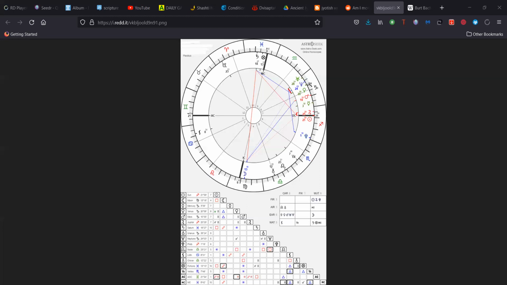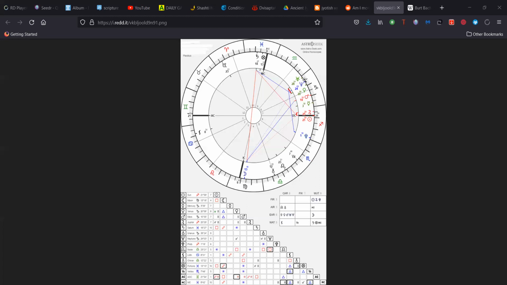How do we feel about the Mars-Saturn sextile? Well, it's pushing nature, right? So it's pushing from the 8th to the 10th, and pushing the 8th and 9th to the 10th and the 11th. I like it. Mars is exalted, so it's two things.